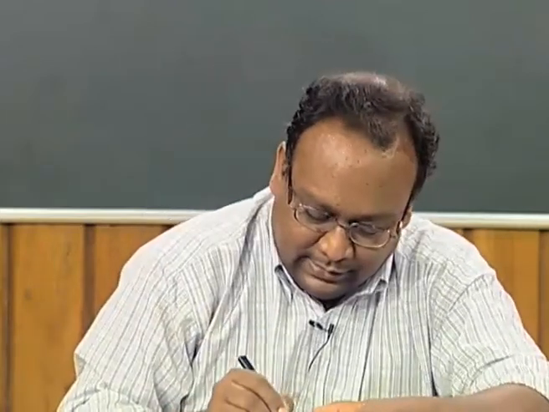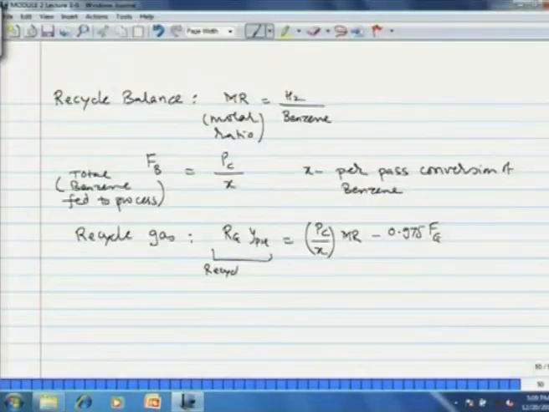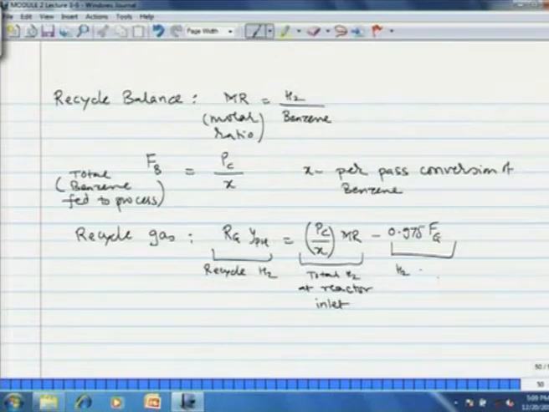So, this is the recycled hydrogen, this is total hydrogen at reactor inlet, and this is the hydrogen contributed by makeup gas stream.